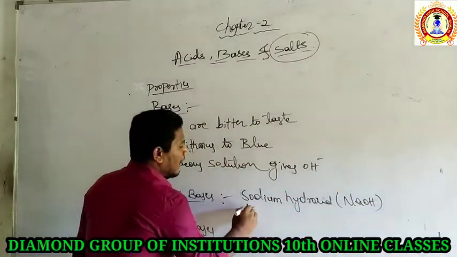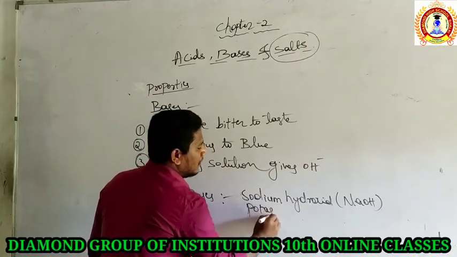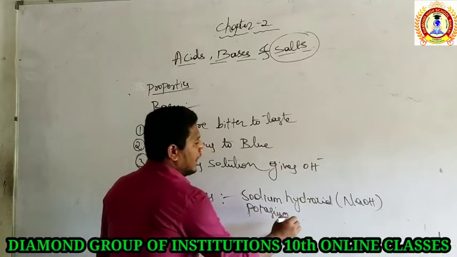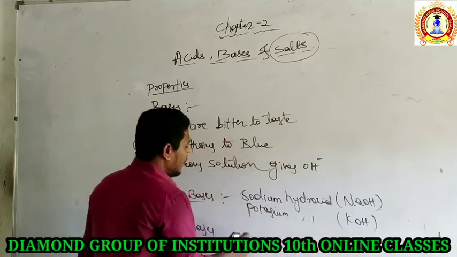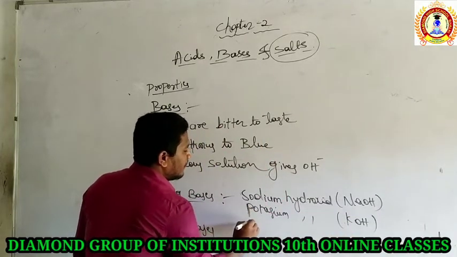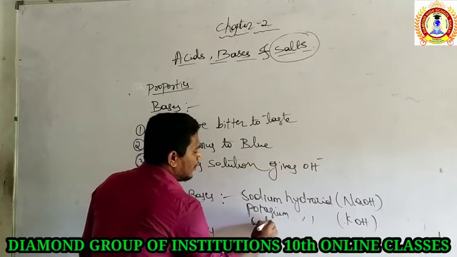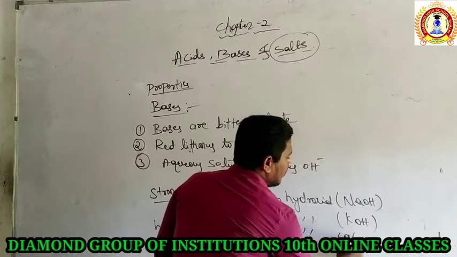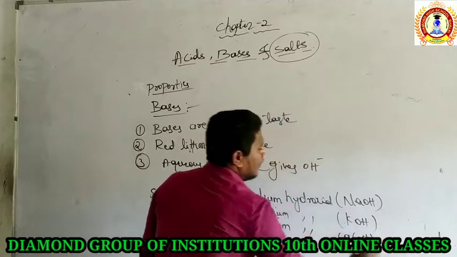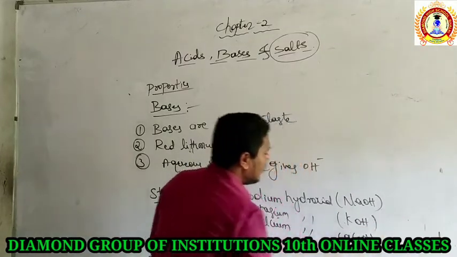Then potassium hydroxide, KOH, it is also a strong base. Then calcium hydroxide. So these are the strong bases.